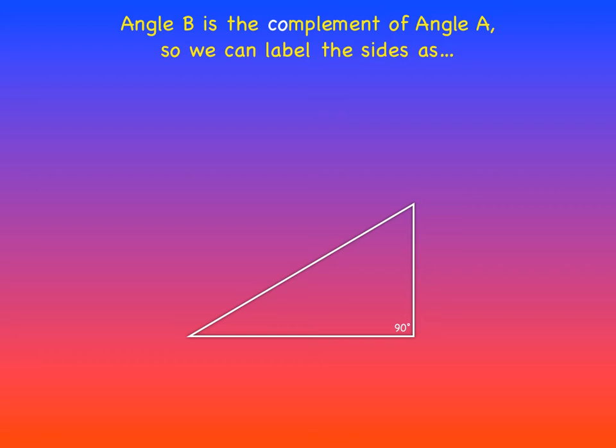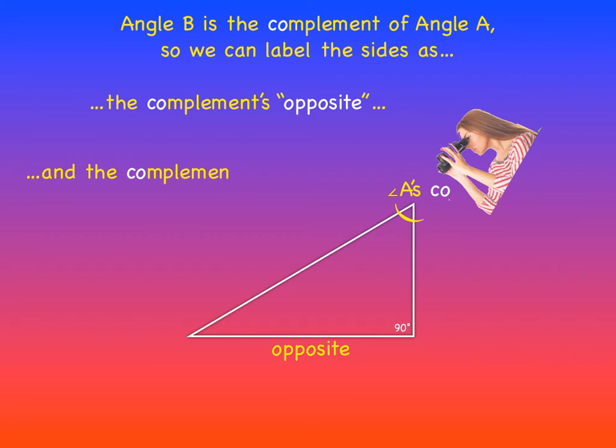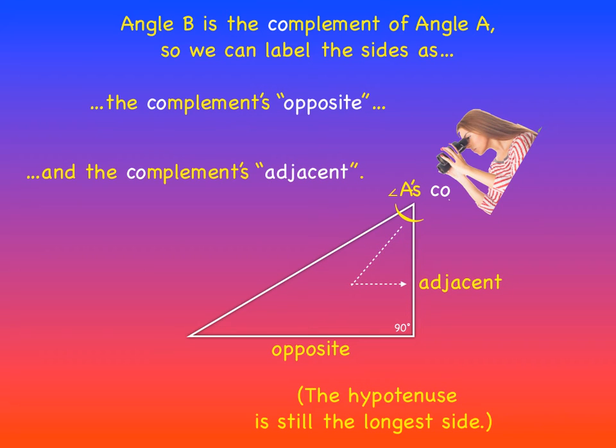Angle B is the complement of angle A, so we can label the sides as, if we're looking from angle A's complement, the complement's opposite, and the complement's adjacent, and the hypotenuse is still the longest side.